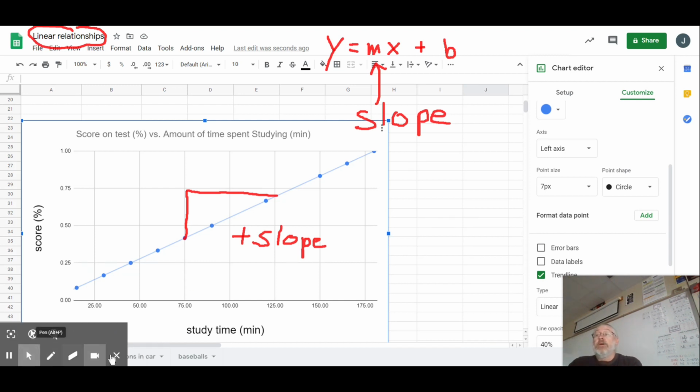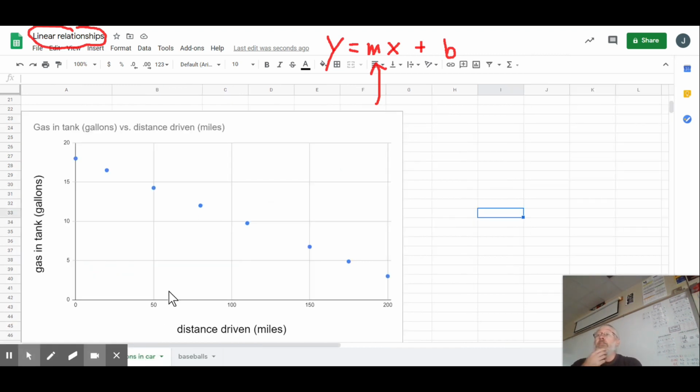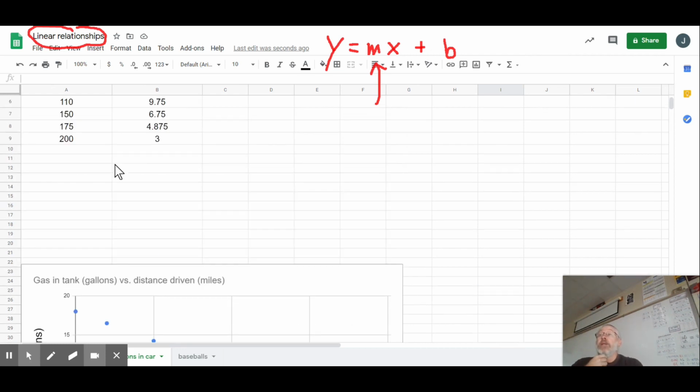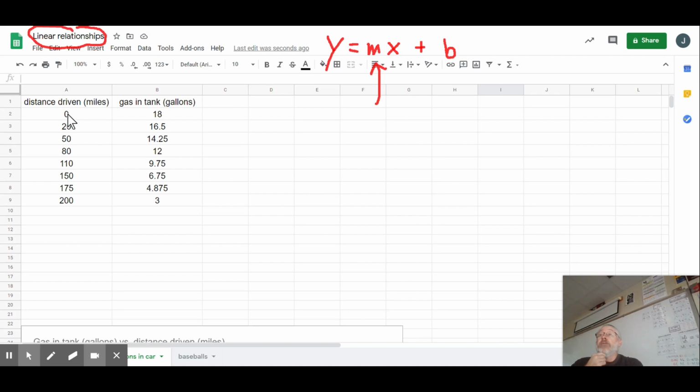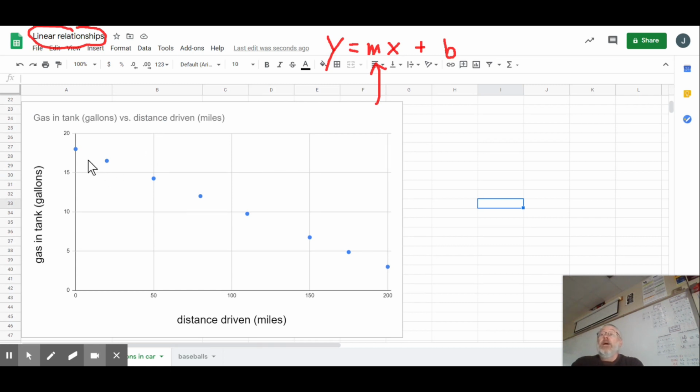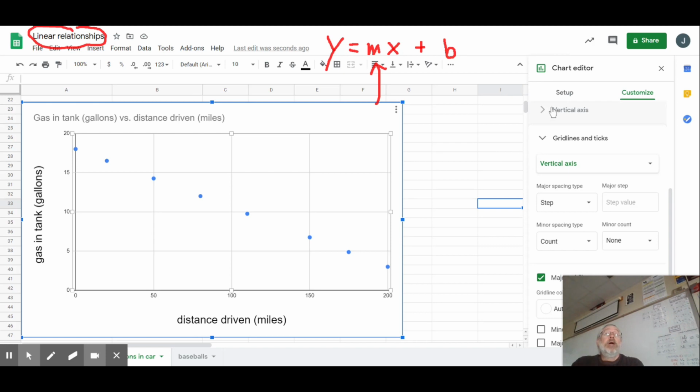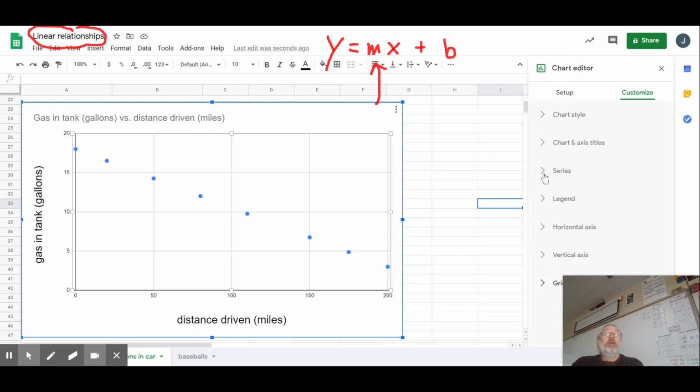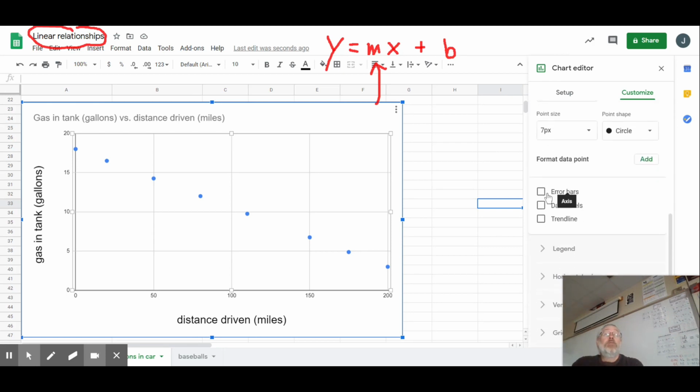The second one I want to look at is distance driven versus the amount of gas in your tank. If I look at the graph for this one, I end up with something that looks like this. I can put in the trend line here so we can get an idea of what it looks like.